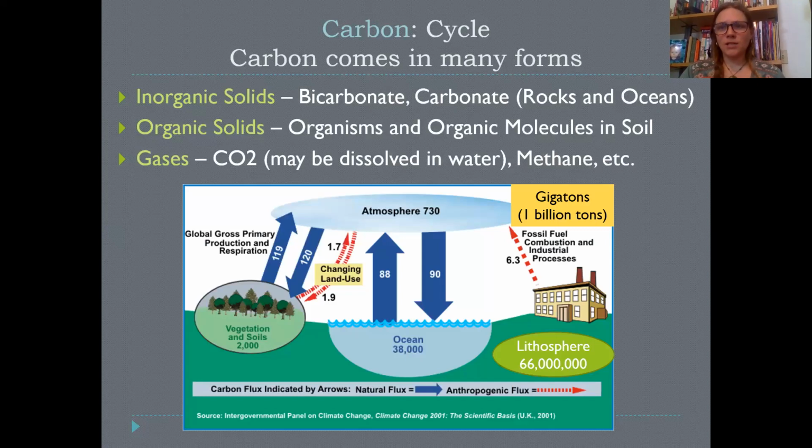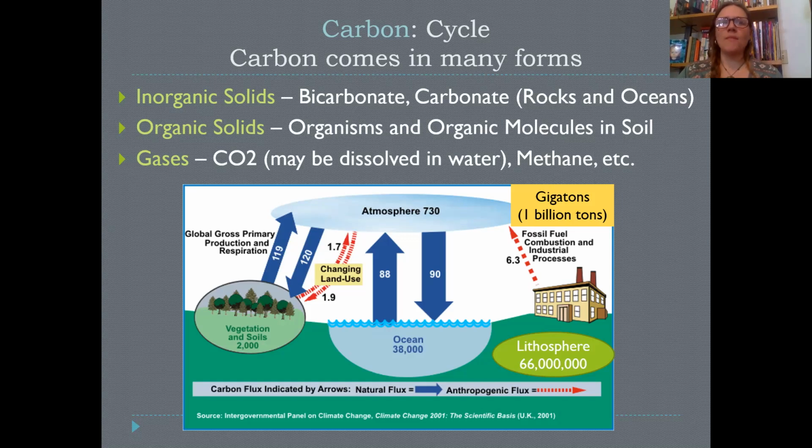And so it's unsurprising to know that carbon comes in many different forms. Some of those forms are inorganic. As I just said, those are things like carbonate rocks that we might find in the oceans, or forms of bicarbonate, which is like a carbonate, CO3, bonded with a hydrogen.